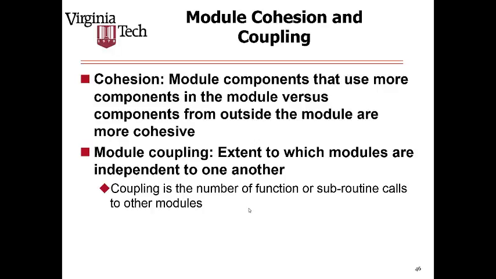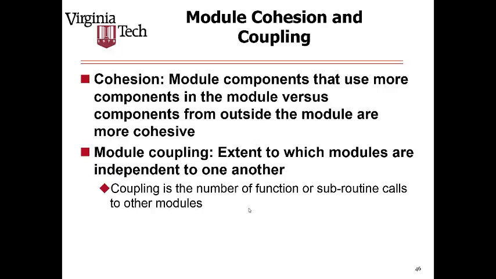And so that's the idea of cohesion. And that's where object-oriented classes are said to have very high cohesion, because most of the methods in a class use only other methods in that class, rather than a bunch of methods from other classes. And so that idea is important for making your programs understandable.